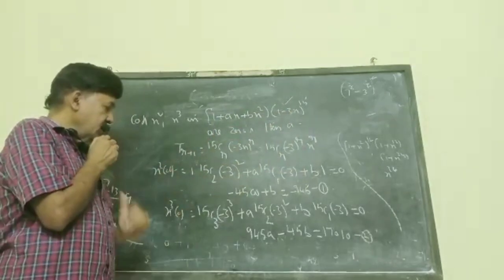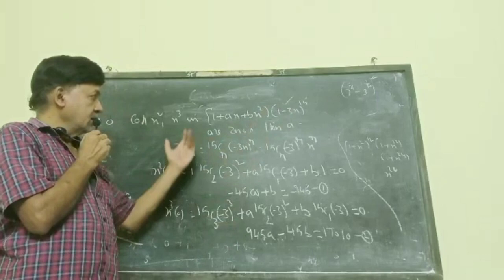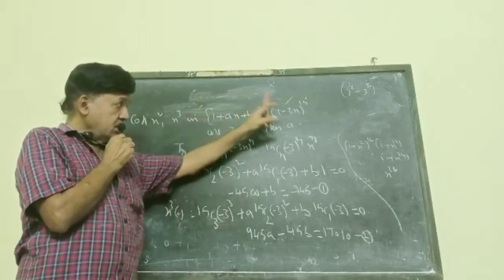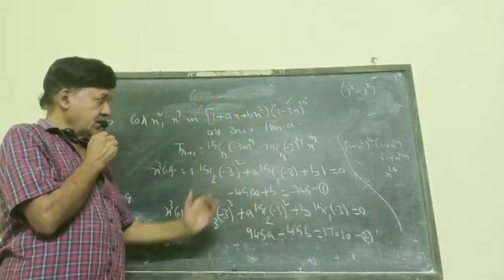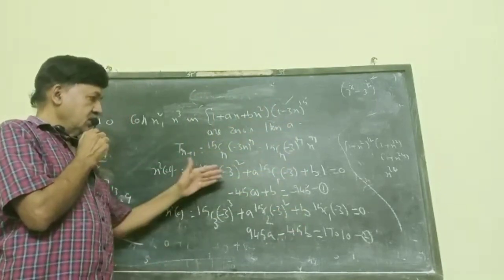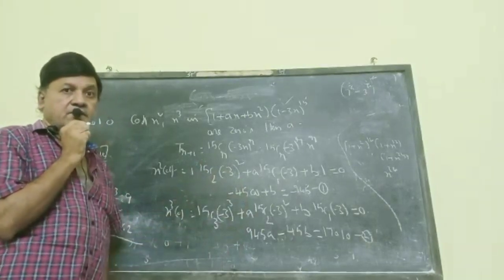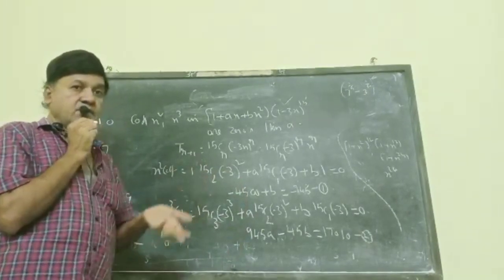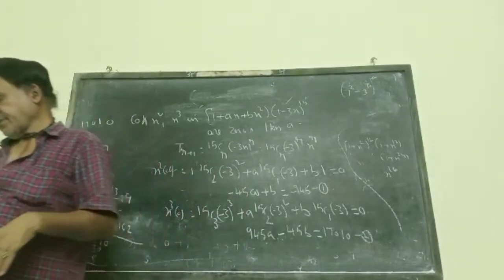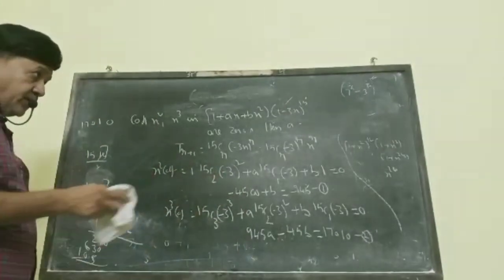As far as the x cube coefficient is concerned, 1 into the x cube coefficient, a into the x square coefficient, b into the x coefficient is equal to 0. So solve the two equations and try to get the values of A and B. This is one of your main questions. So I hope you can do it. Solving of equations, all of you know.